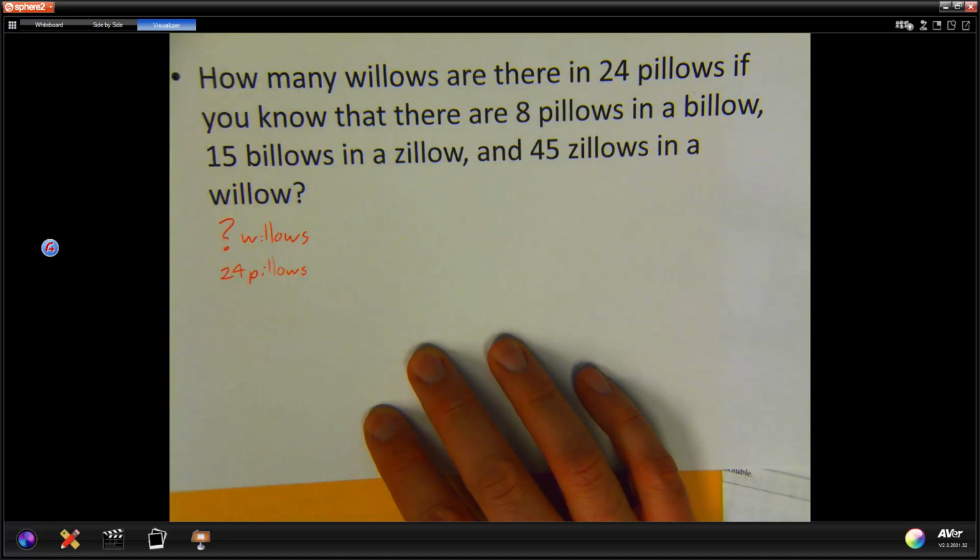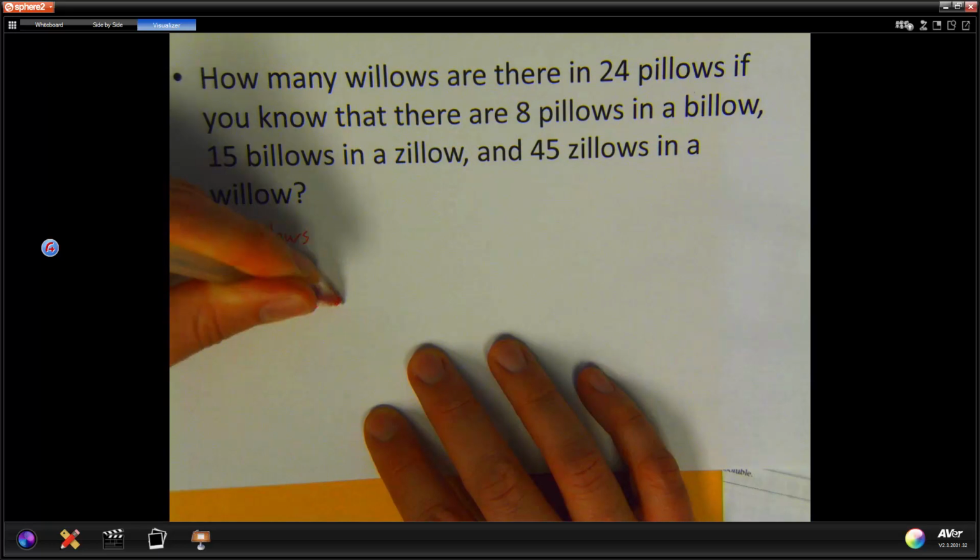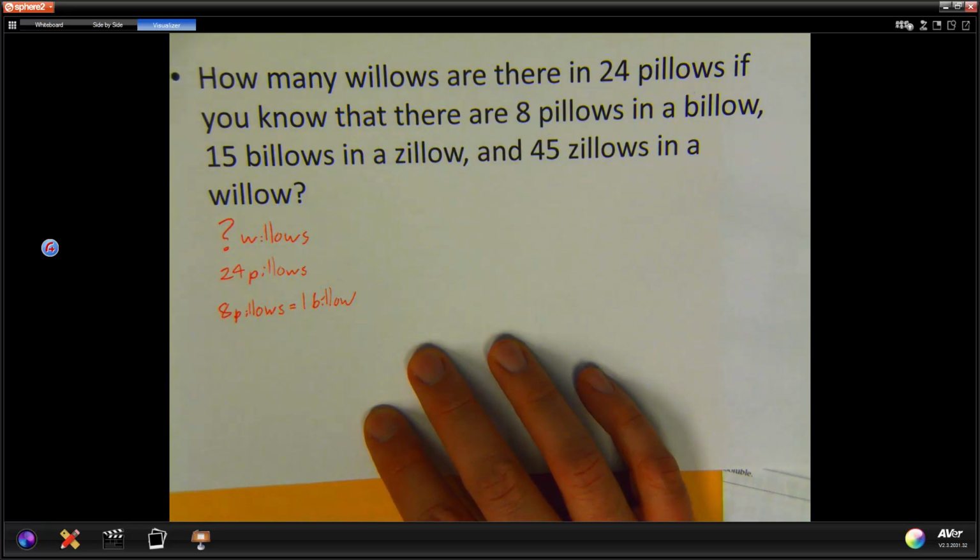So how many willows are there in 24 pillows, if you know that there are 8 pillows in a billow. Okay, so I'm going to write that as an equality. 8 pillows equals 1 billow. Okay. 15 billows in a zillow, so I'll write that as well.